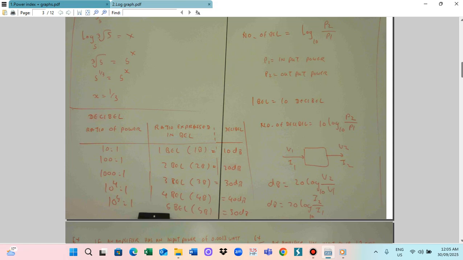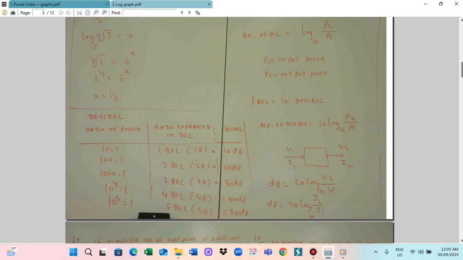And you can also calculate for the input and output voltage or current ratio. Input is V1 I1, output is V2 I2. In this case, you can also calculate the decibel with a similar formula, but the factor for the calculation is 20 decibel. So for the power calculation, you use 10 dB.